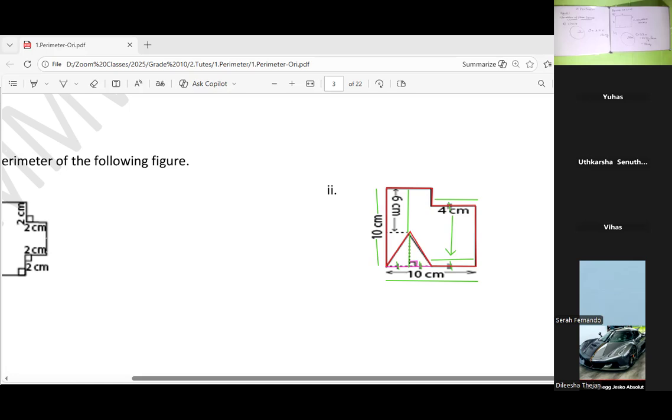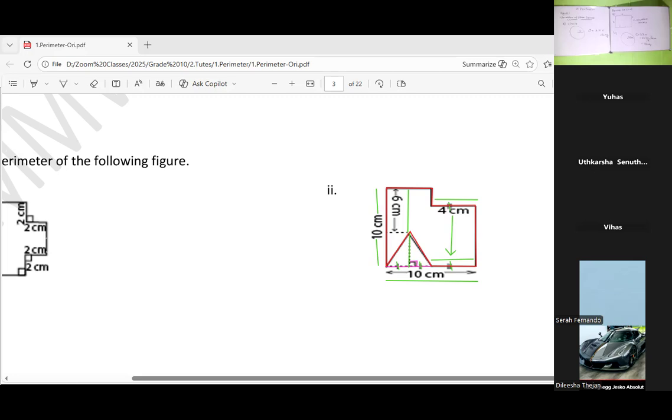Please send your answers to the main chat, otherwise I cannot understand who is first and second. Yours is saying 40. First place Satika, then Jasmeet, Ritik, Yuhas.